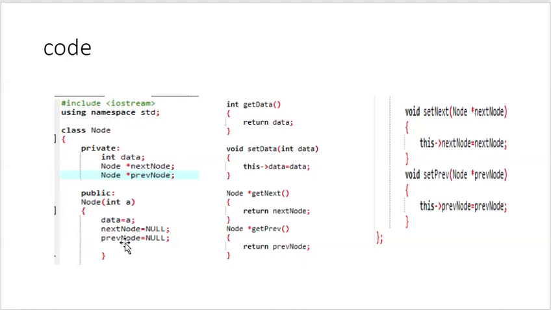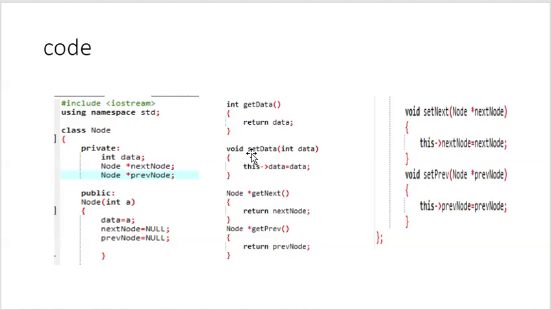What it means is that both the pointers are null, so the linked list is empty. Then a function int get data, which will give us the data of the nodes which we insert.